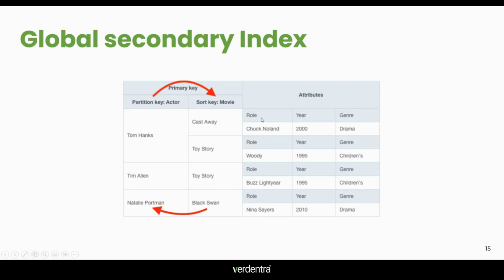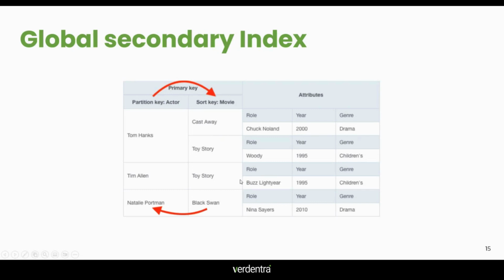Okay, so in this example, we have the same table that we looked at before, but now we have a use case. Remember, we can't get this directly, so that's the whole point. Now we want to get things by the movie, but we don't have that in the base table.